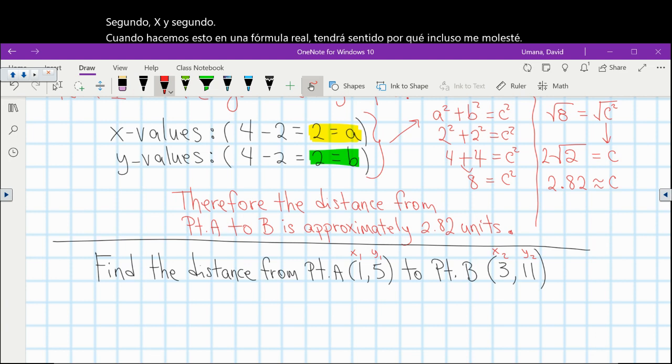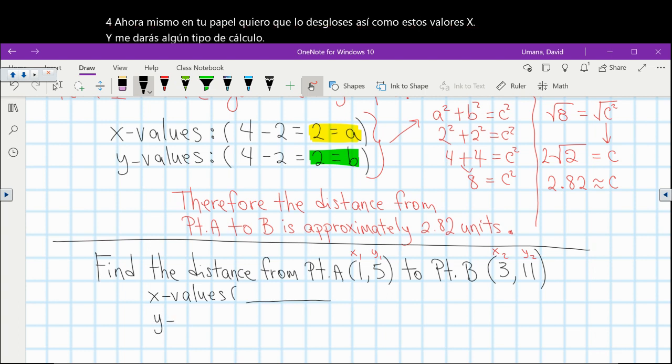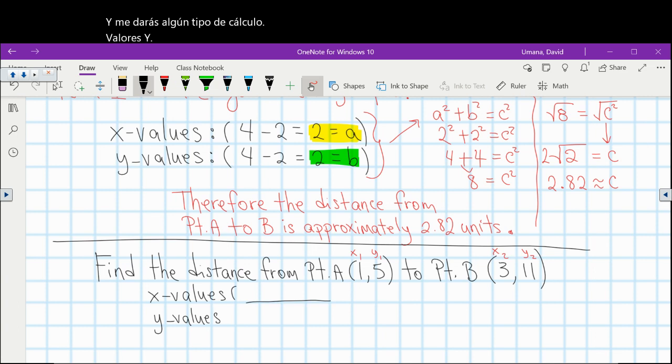For right now, on your paper, I want you to break it down like this. X values, and you'll give me some kind of calculation, Y values, and you'll give me some kind of calculation.